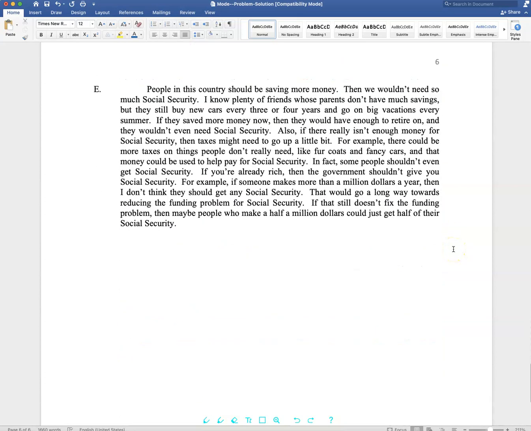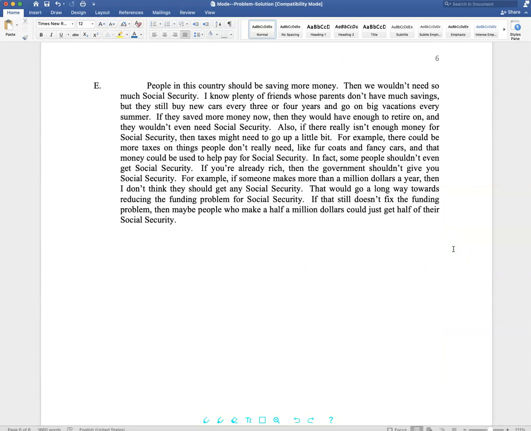The last paragraph, E, is a bit humorous, because this is almost like someone sitting around a dinner table or at a bar who has had a little too much to drink, spouting off their own thoughts on how to solve a problem. The problem here is this person hasn't done any research, so they have no evidence to present.